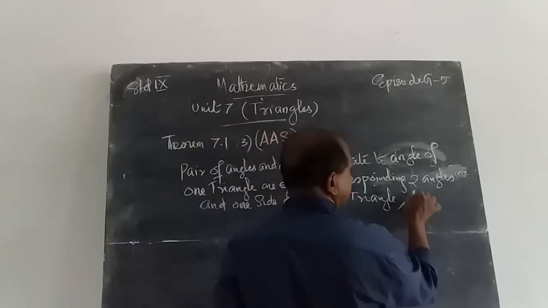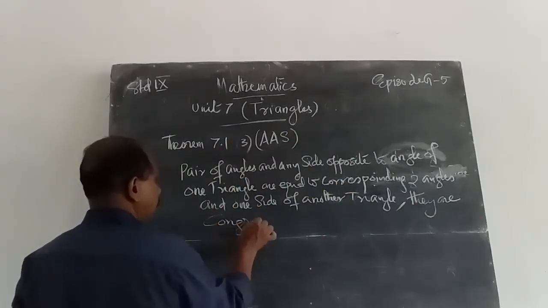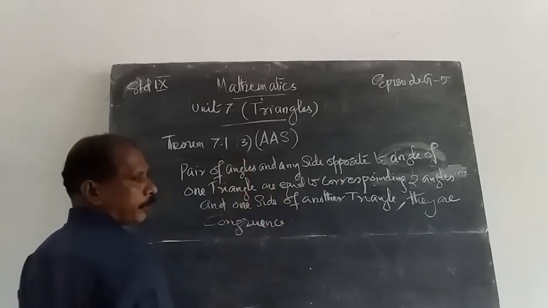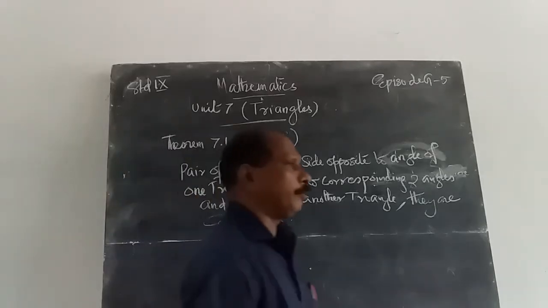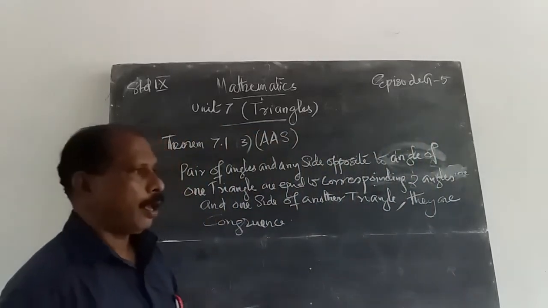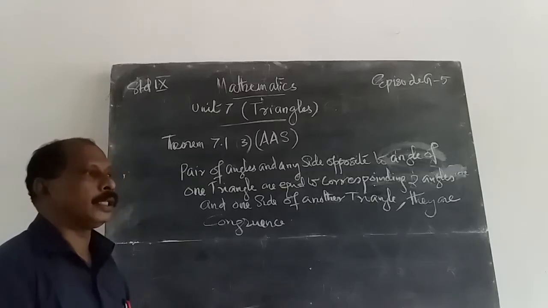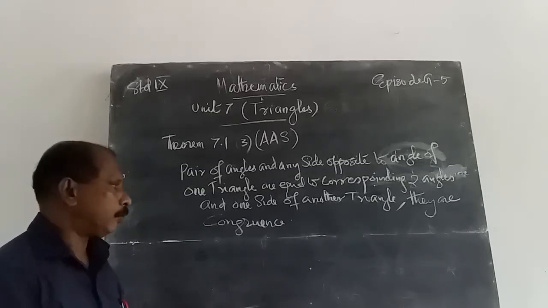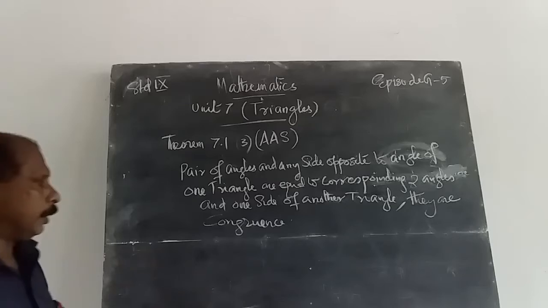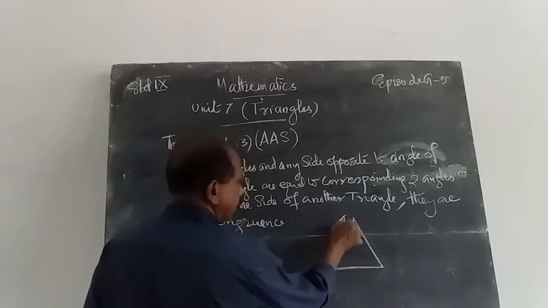They are congruent. That means the two angles and any one side opposite to the angle are equal to the corresponding two angles and one side of the other triangle. They are congruent. The illustration for that one is: consider two triangles ABC, PQR.